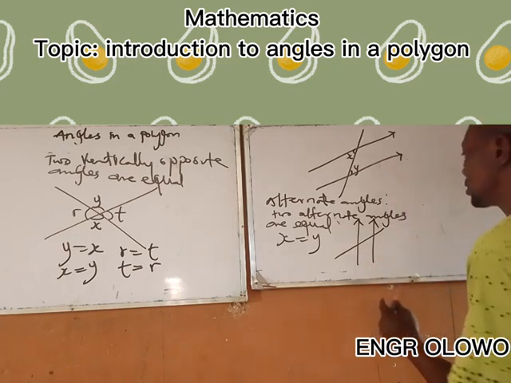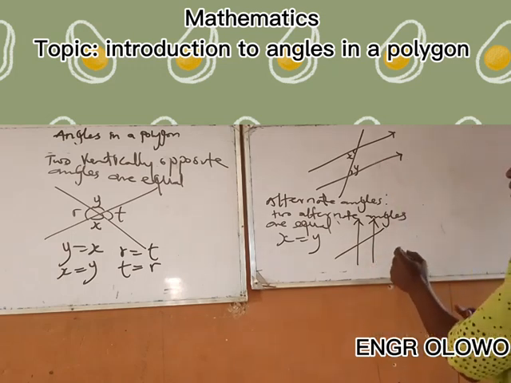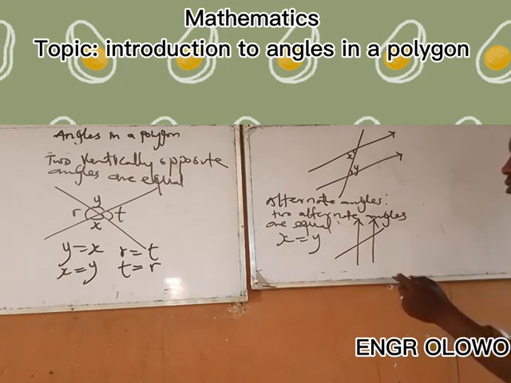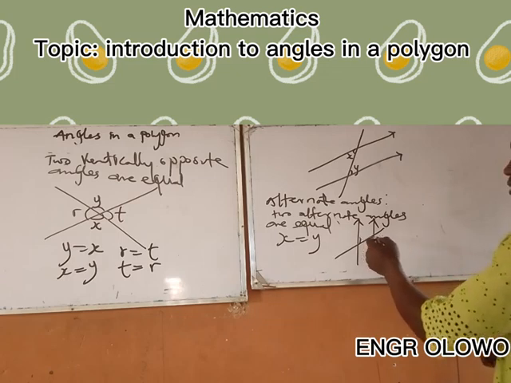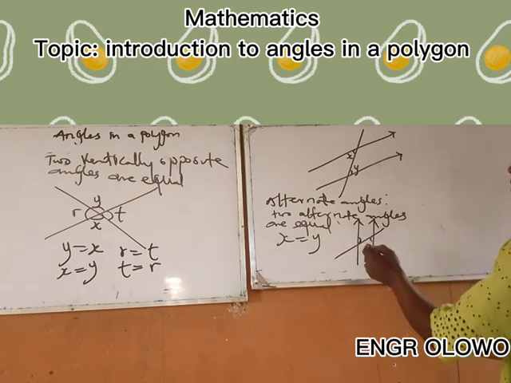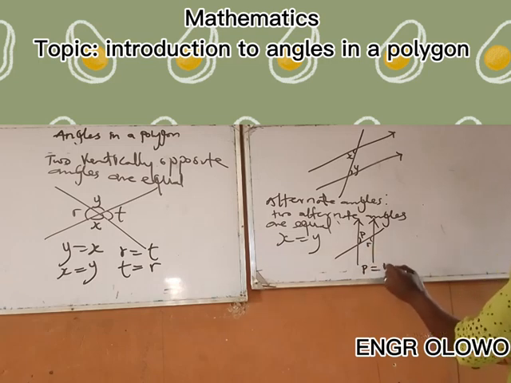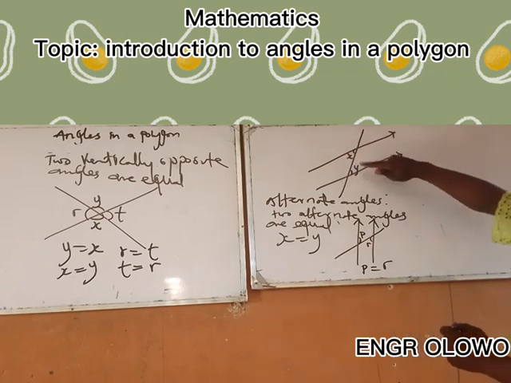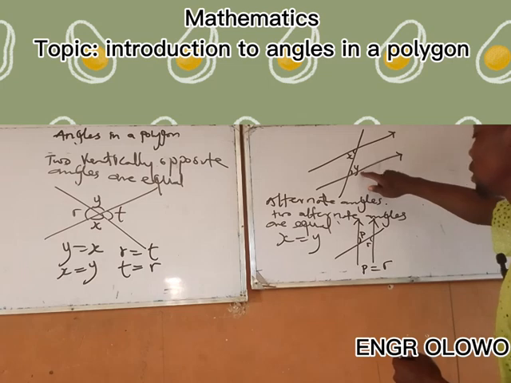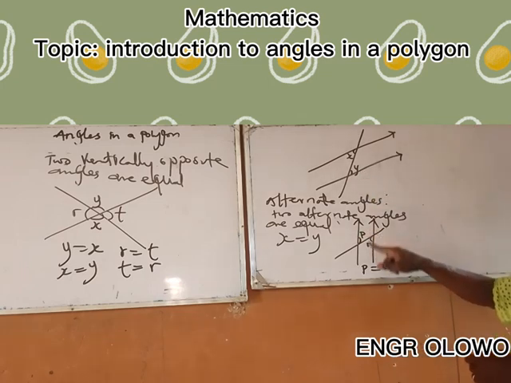Now the diagram can also be like this. This is still a true straight line. You can see the direction it travels to is different, but it also continues to go like that until it meets an obstacle. On this side, you can see it's still an alternate angle. The angles opposite each other are alternate angles.